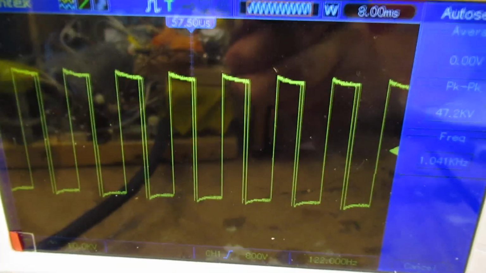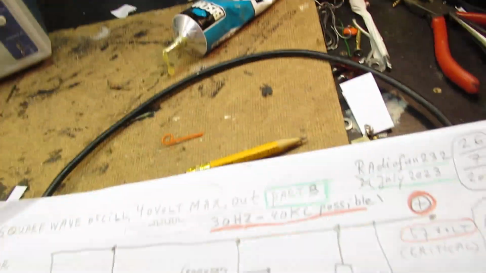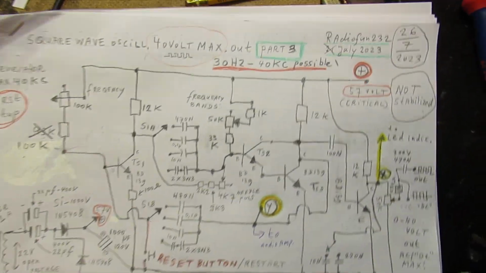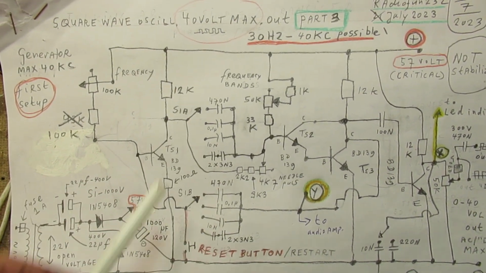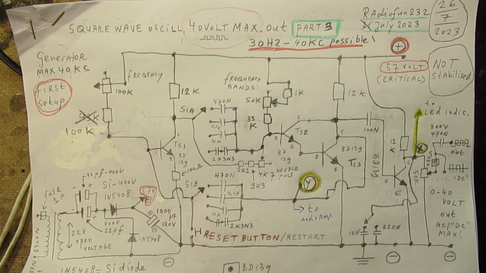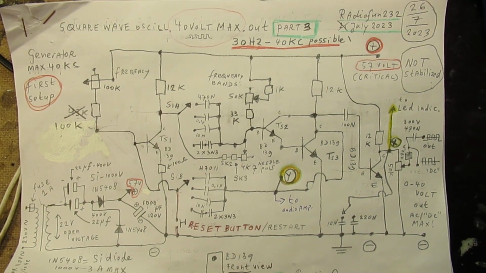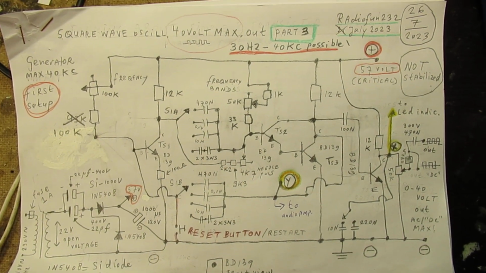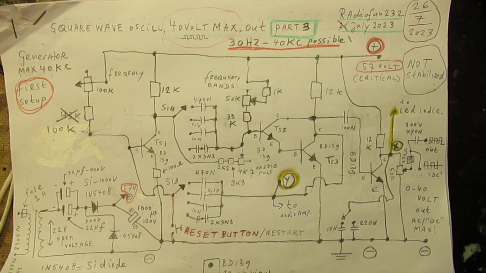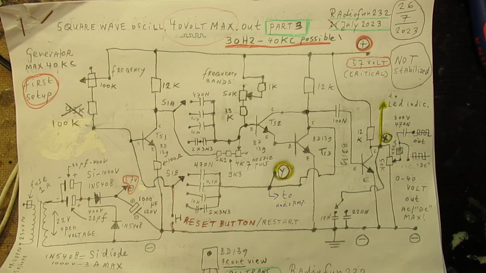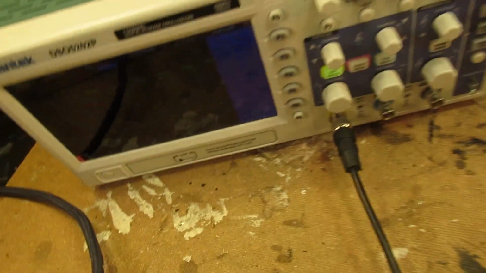Now I'm switching through the whole, that's important to tell, the whole 4 positions of this Squarewave Oscillator. Let's see what the scope tells us about the frequencies that are generated.